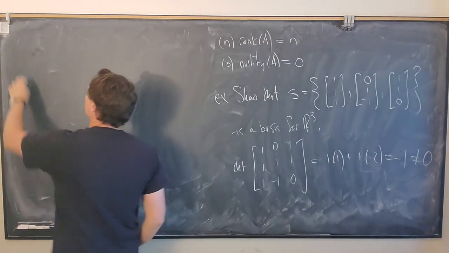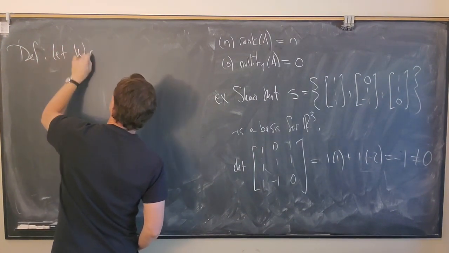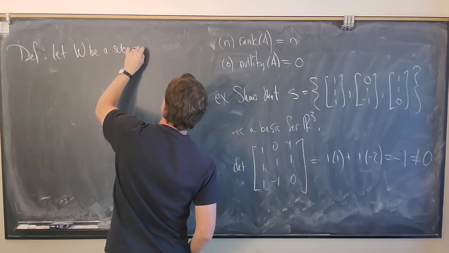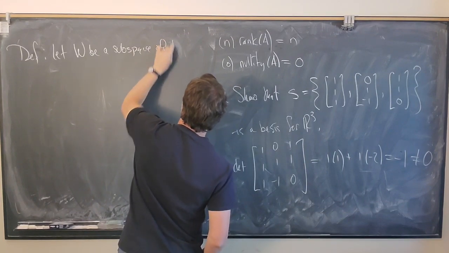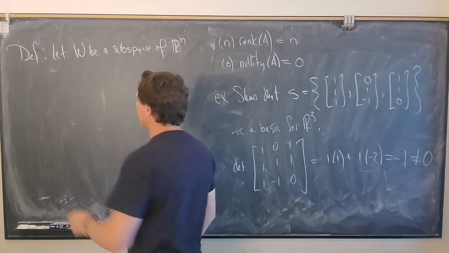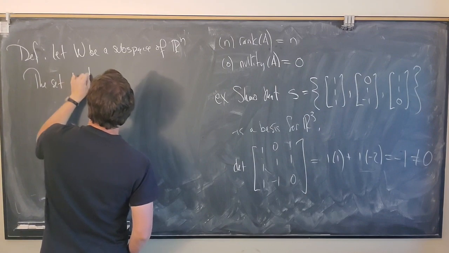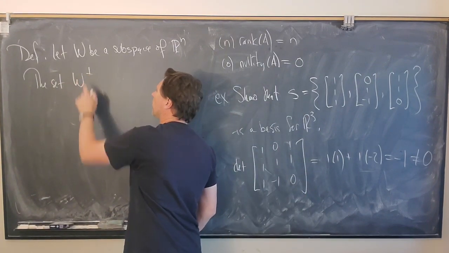Okay, let's call this a definition, I guess. So let W be a subspace of Rn. The set, which we write as W with a little perpendicular symbol right there, and I usually will call this W perp.